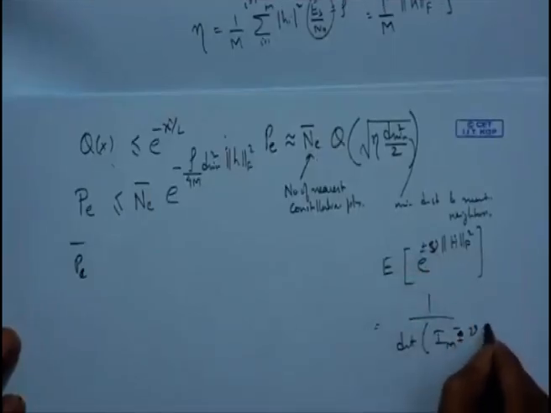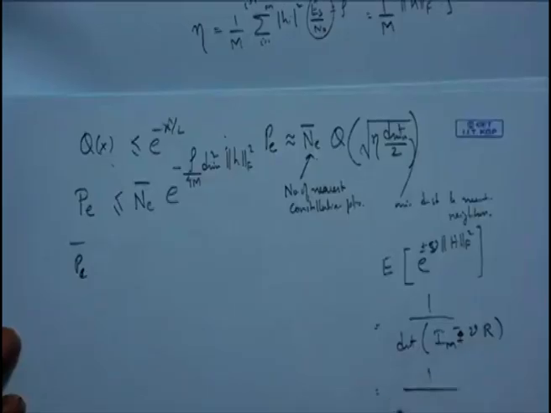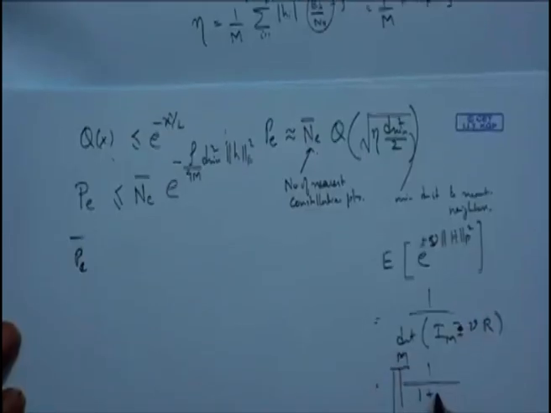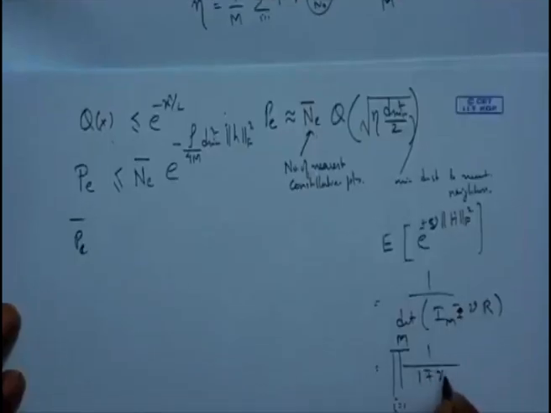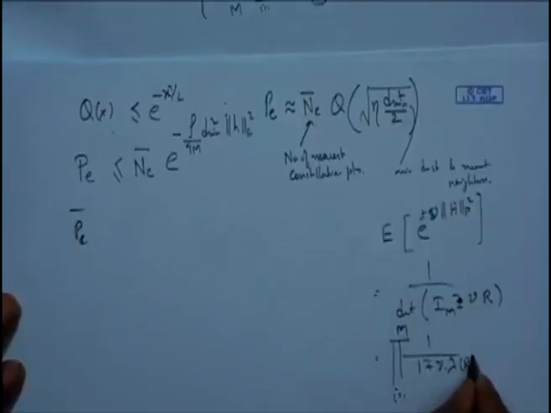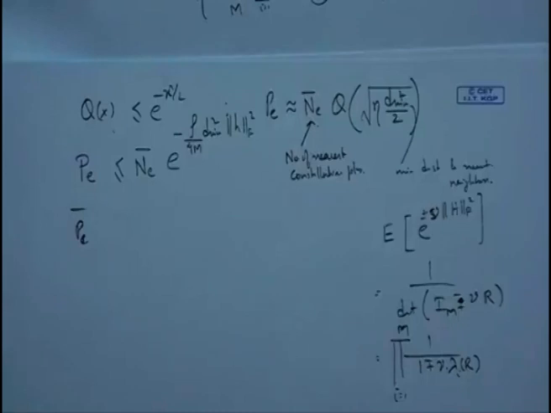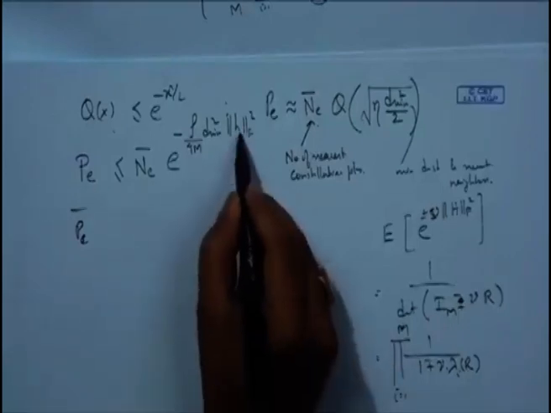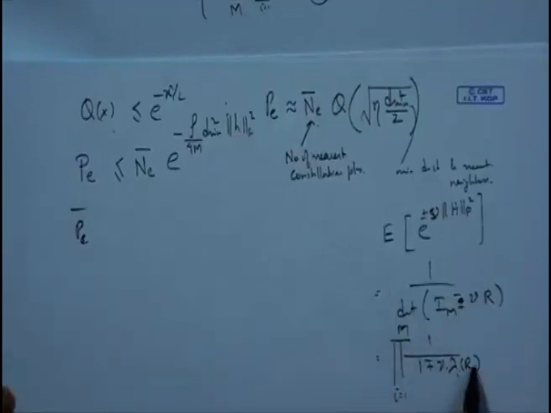So that would be the product over i equals 1 to m of 1 plus or minus, depending upon what we have, nu times lambda_i of R. When the h are independent, we get these eigenvalues as all ones, so what you'll be left with is the average SNR.